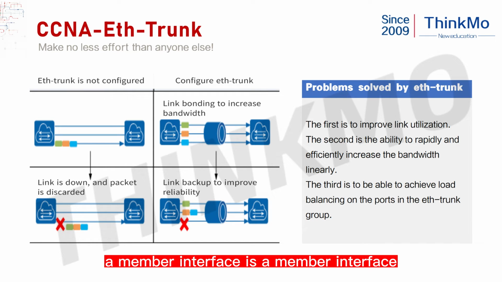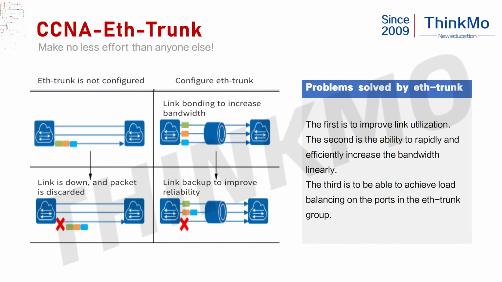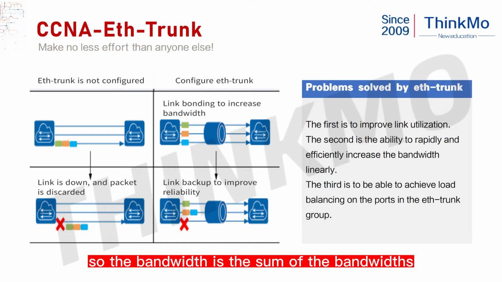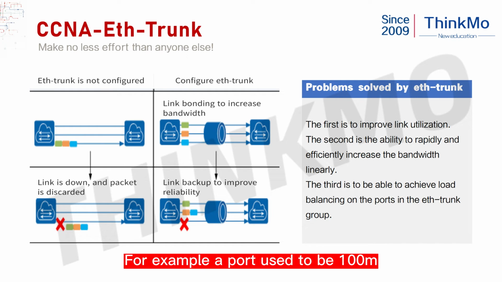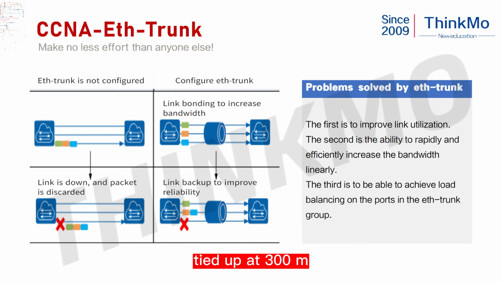A member interface is a physical port bundled as part of the interface or link, so the bandwidth is the sum of the member bandwidths. For example, a port used to be 100M, tied up it becomes 300M.